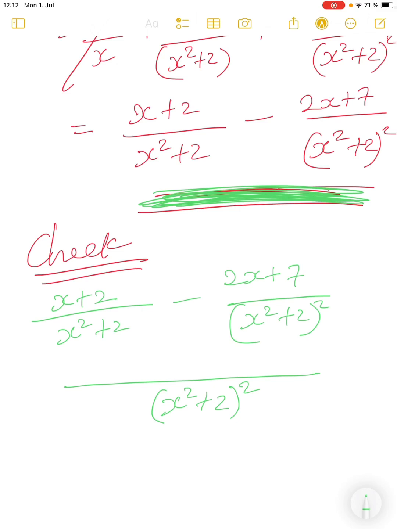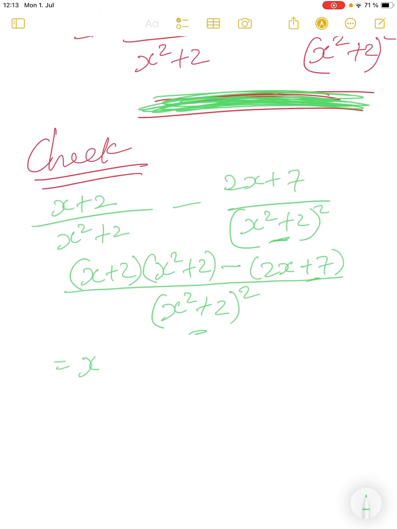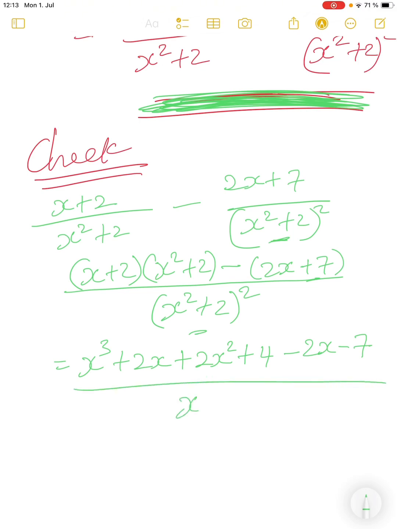So this divides this, we have x plus 2 times x squared plus 2 will remain, minus, this cancels this, we have 1 times this, 2x plus 7. So if we open bracket, we have x power 3 plus 2x plus 2x squared plus 4 minus 2x minus 7 all over x squared plus 2 all squared.